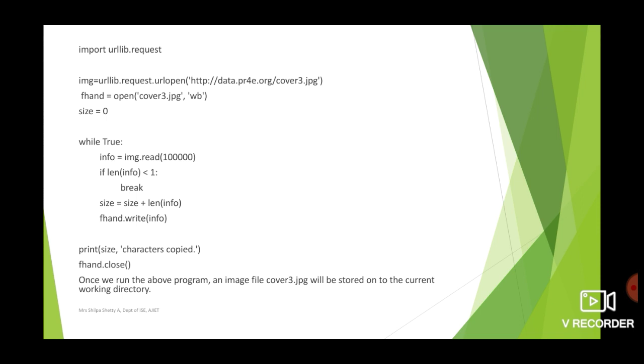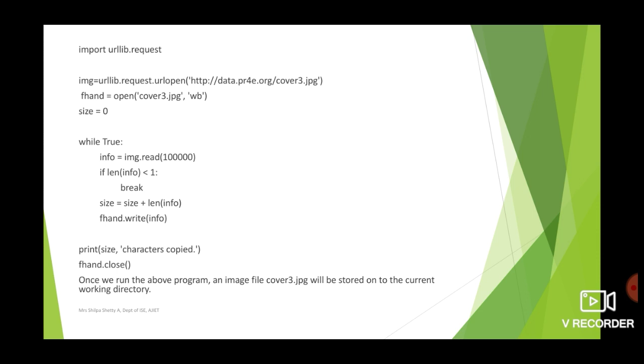In case this is the second time we are retrieving, in the first one we have already retrieved 1 lakh bytes, so size will be 1 lakh, plus the current 1 lakh if it is available, or maybe less than that. Then finally we write whatever 1 lakh bytes we have accessed to the file, that is, cover3.jpg.